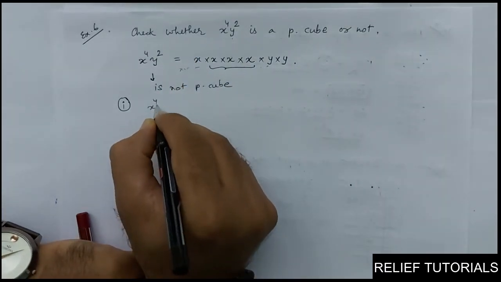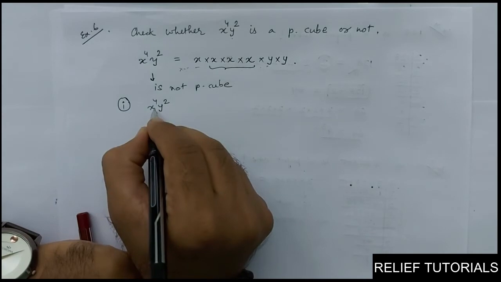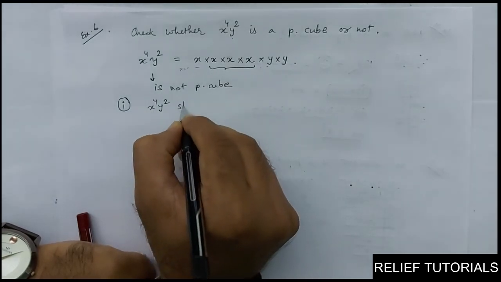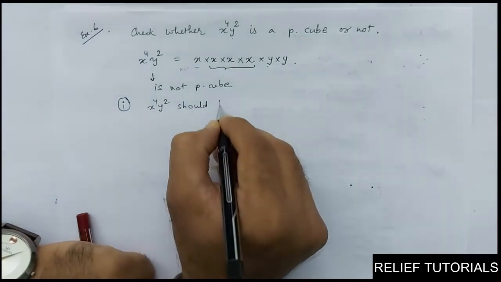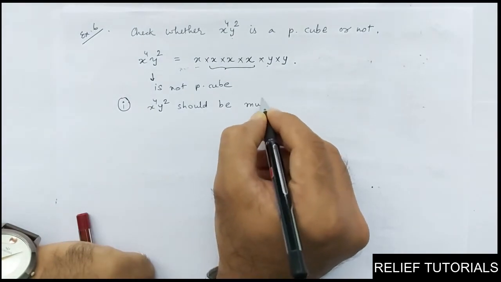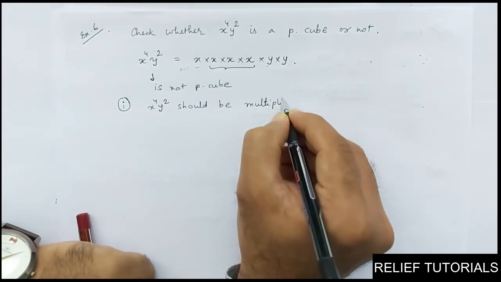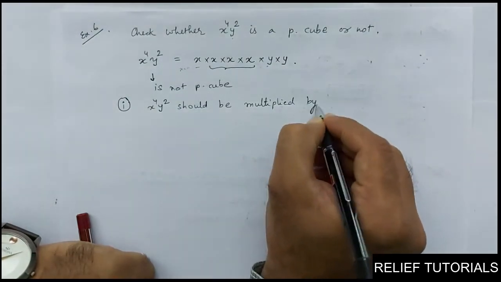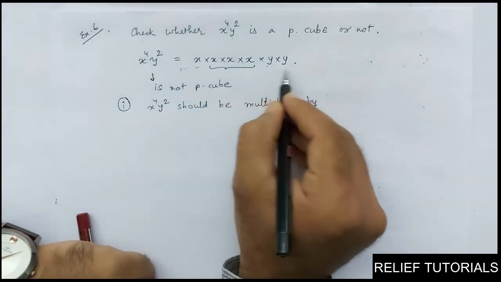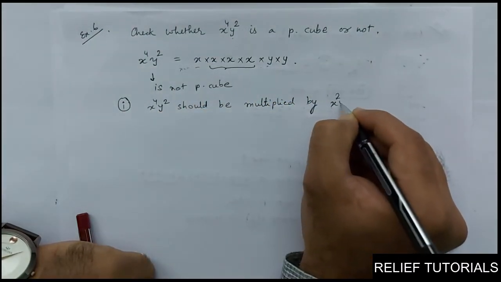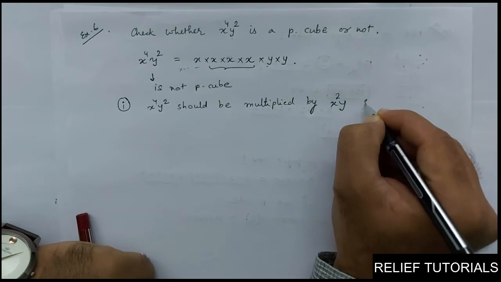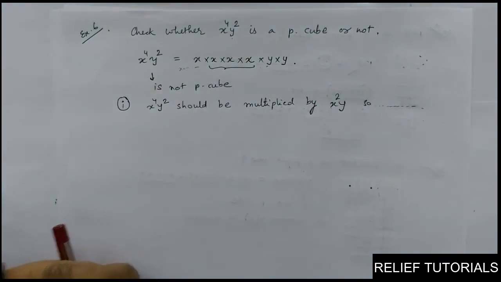So x raised to 4 y square, which is not a perfect cube number, should be multiplied by x square and 1 y. So it is x square y, so that it becomes a perfect cube number.